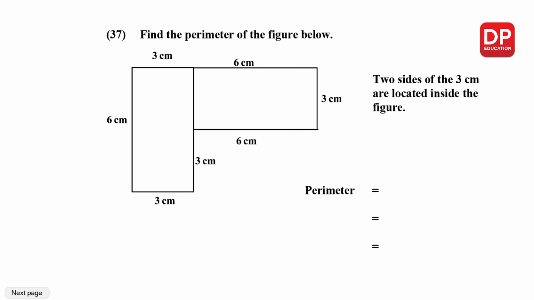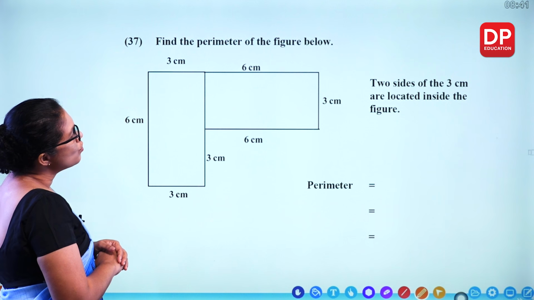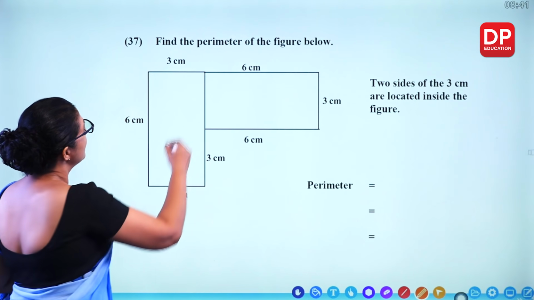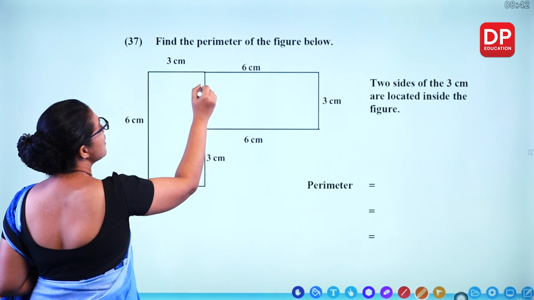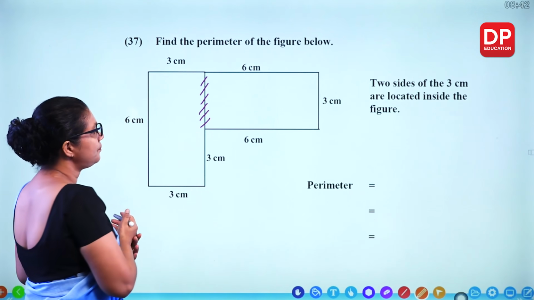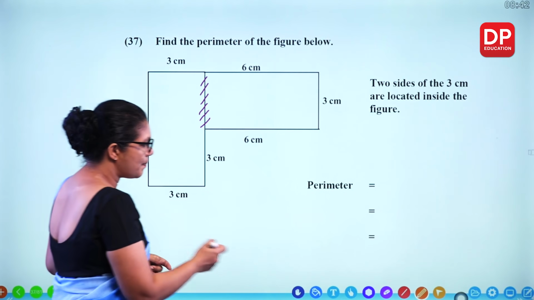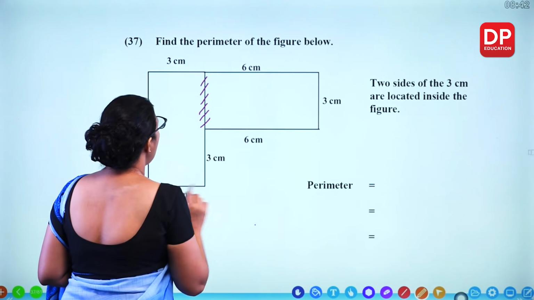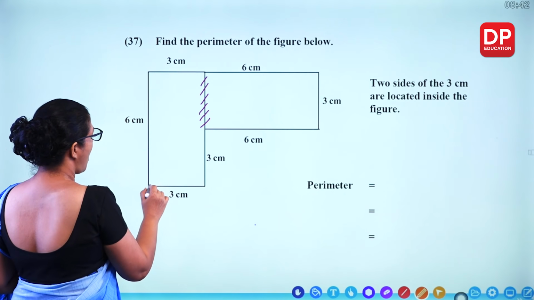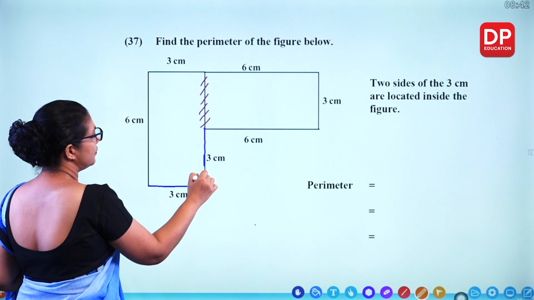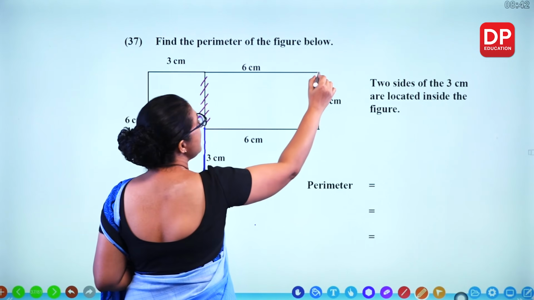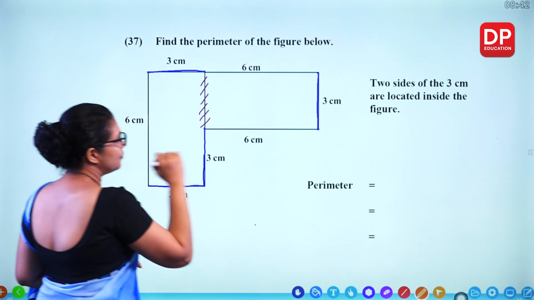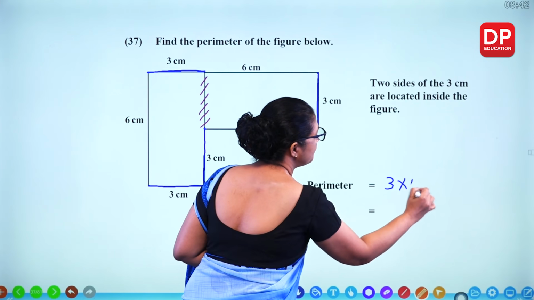Find the perimeter of the figure below. Two sides of the 3 centimeter are located inside the figure. Here, this one is overlap. So we can't take that length. So how do we find out the perimeter? We'll take outer length. How many 3s are there? 1, 2, 3, 4. 3 times 4.